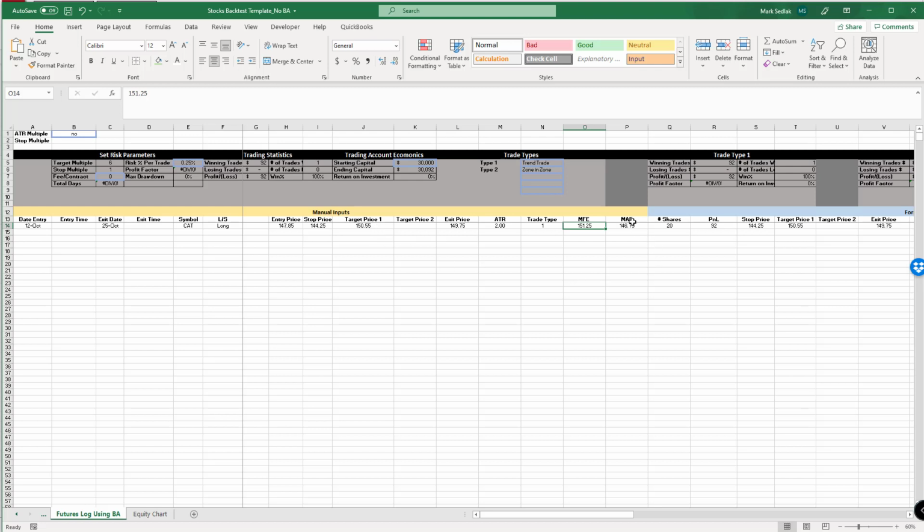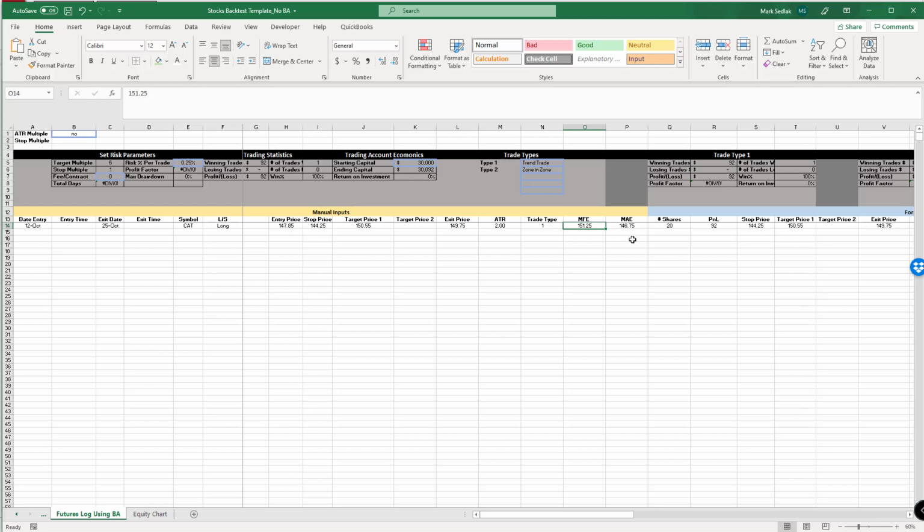And now this is the opposite of that, the MAE, maximum adverse excursion. So this is how far does the trade go against us prior to us either getting stopped out, or actually let me say that again. If you're stopped out, the MAE and your stop are the same.